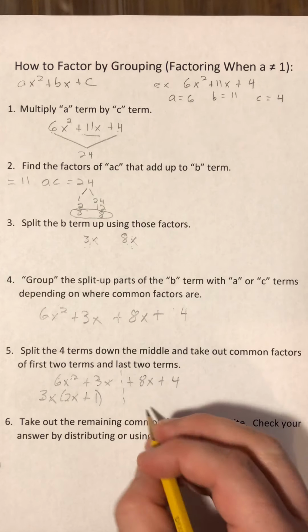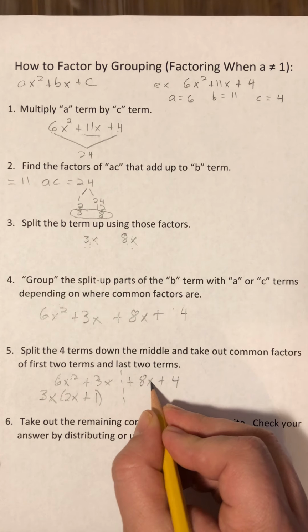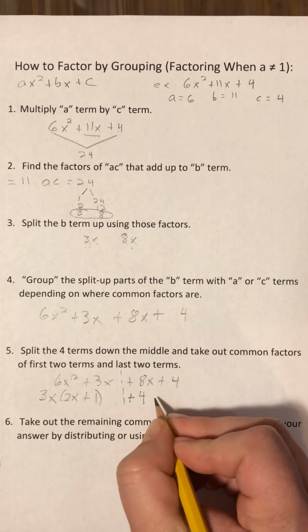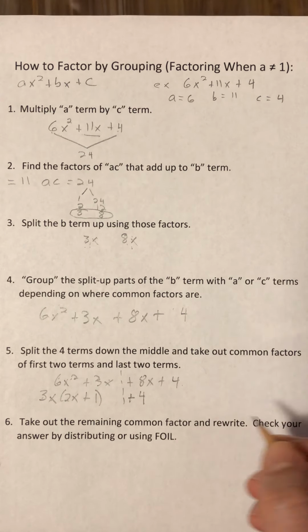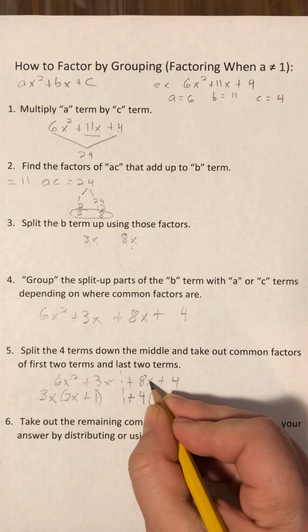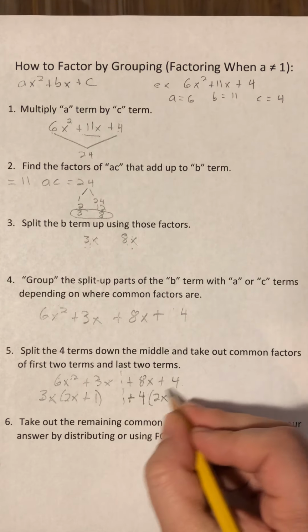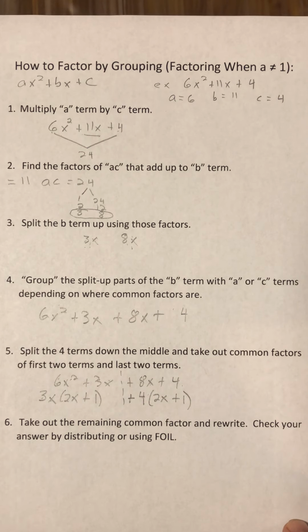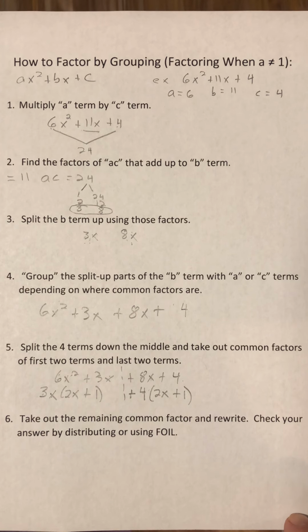Now if I look at the other side, I've got 8x and 4. The greatest common factor of 8 and 4 is 4. There's not an x in the 4, so I can't take an x out. So when I take the 4 out of the 8x, I'm left with 2x, and when I do 4 divided by 4, I'm left with 1. Okay? All right, so now I'm going to my very last step.